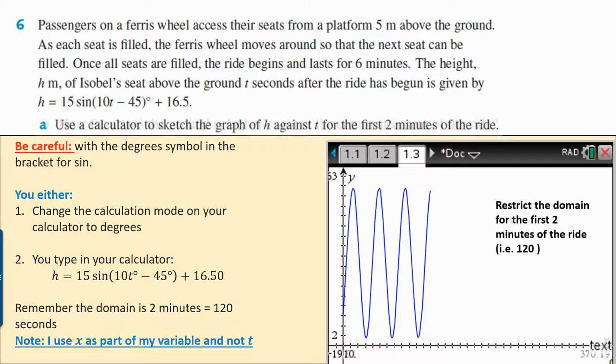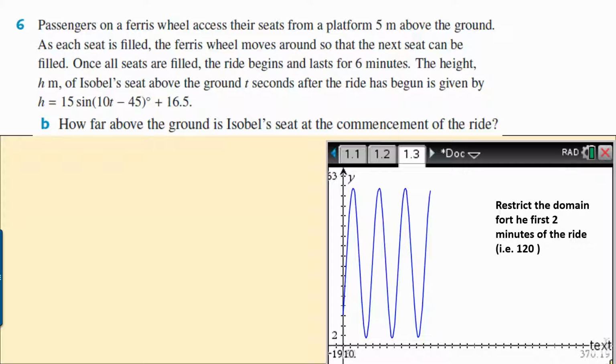The second part, B, asks how far above the ground Isabel's seat is at the commencement of the ride. We knew for the Ferris wheel it was 5 meters above the ground, so she is commencing at 5 meters above the ground. So naturally, you're just asking when h is equal to 5. Logically or graphically, you're asking what solutions will give you 5.